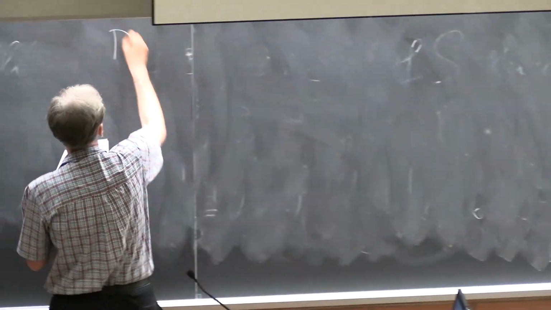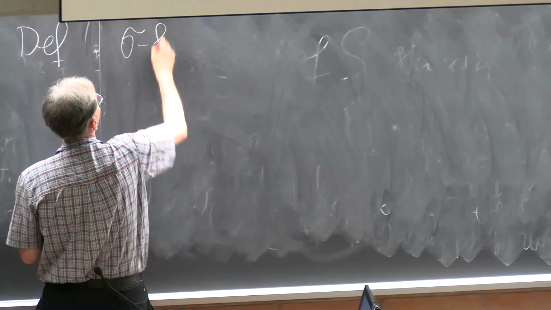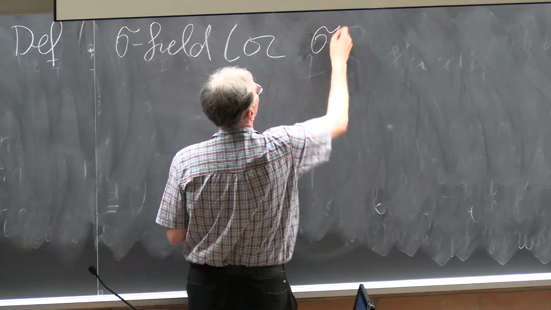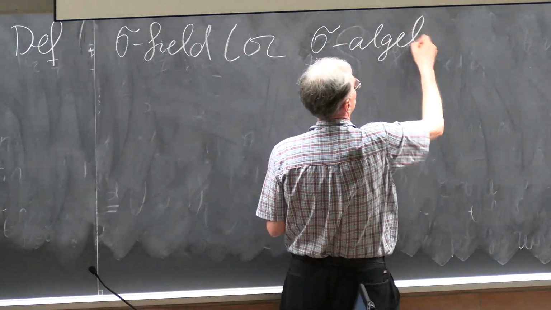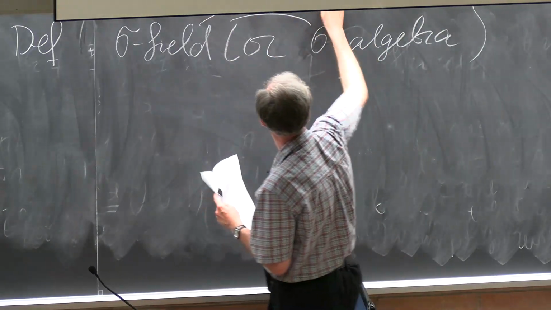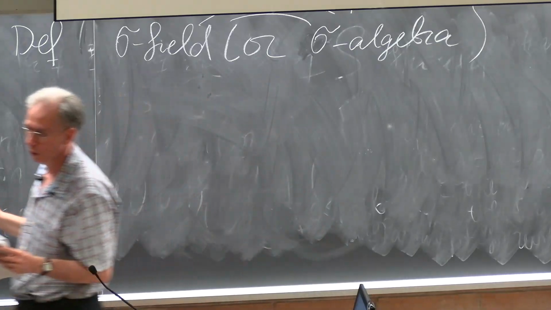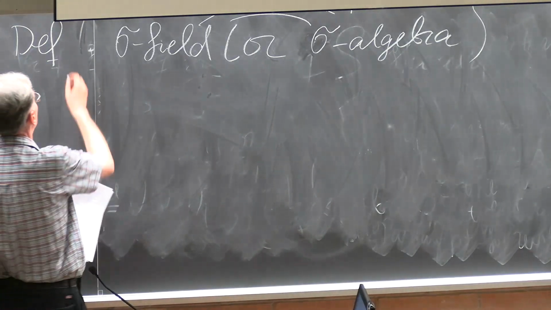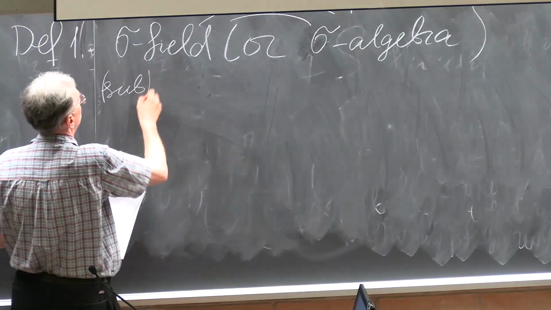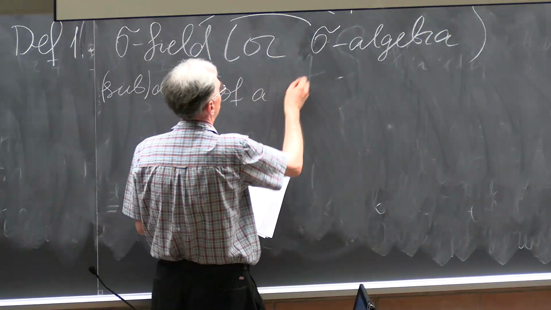So it's the definition of a sigma field, or sigma algebra, which are the same thing for probability theory. It is as follows. First of all, we have a kind of sub-definition of a field.